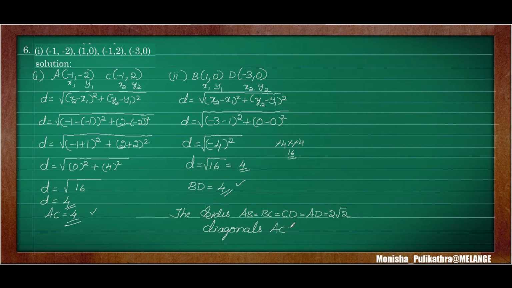So diagonals AC is equal to BD, that is equal to 4. Since all the sides are equal and two diagonals are equal, the given quadrilateral is a square. I hope you understood this problem properly.